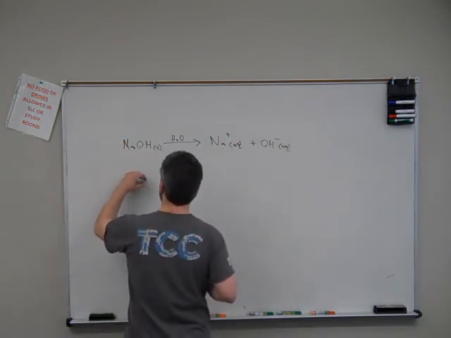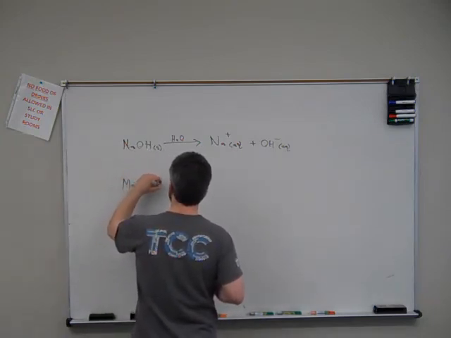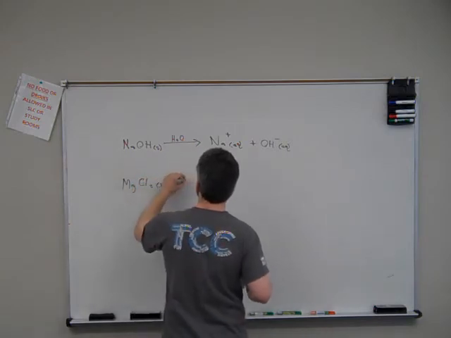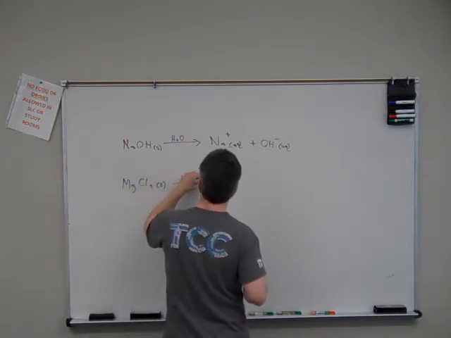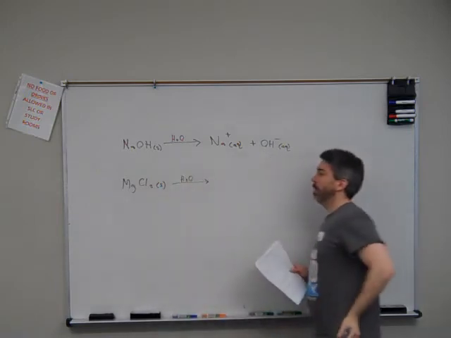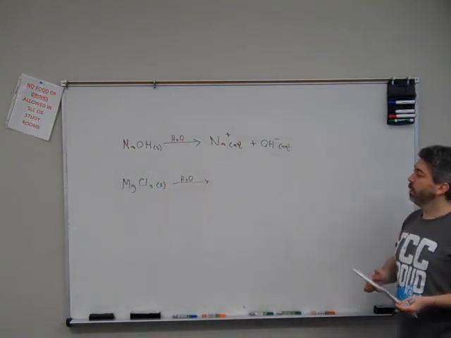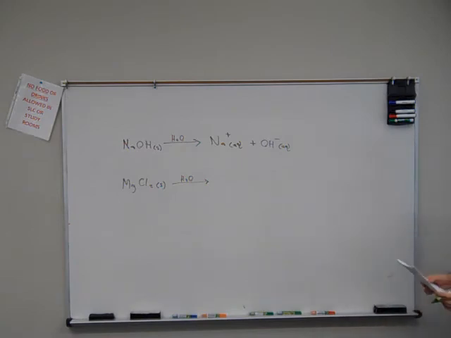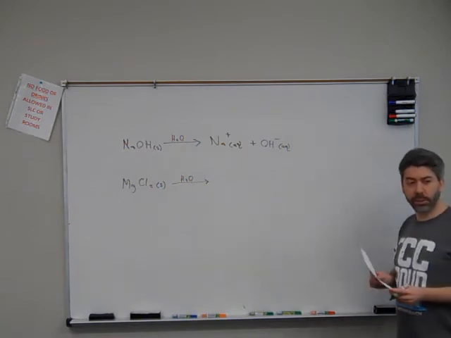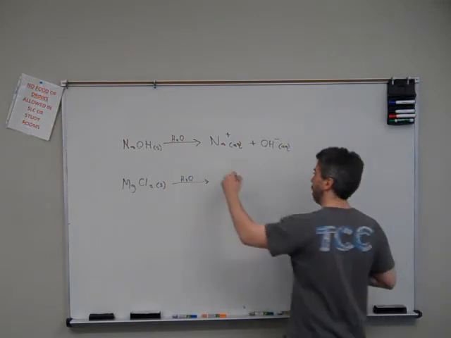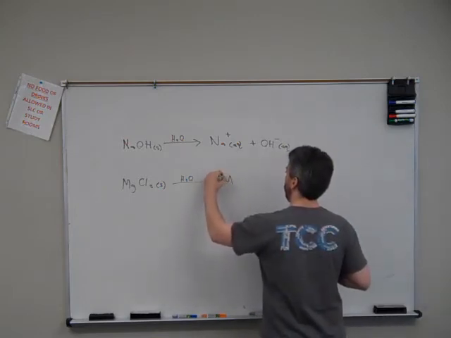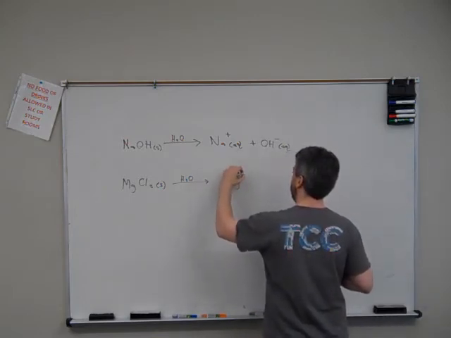Well, what about if you have an ionic compound like MgCl2? And the little H2O on top, it's not reacting with it, it just means that you're dissolving it in water. So what will magnesium chloride separate into? Mg with what charge? Positive 2.